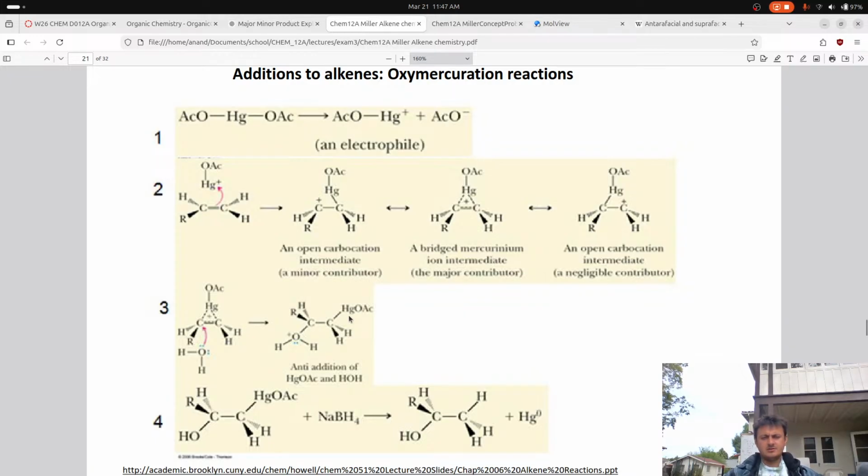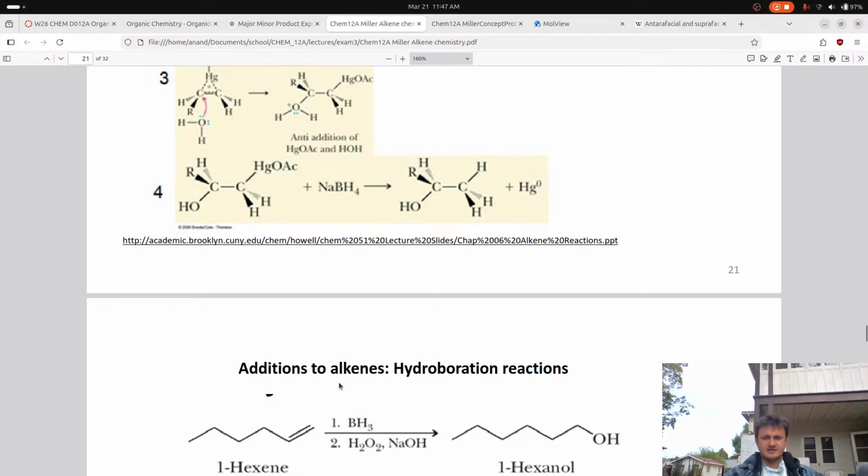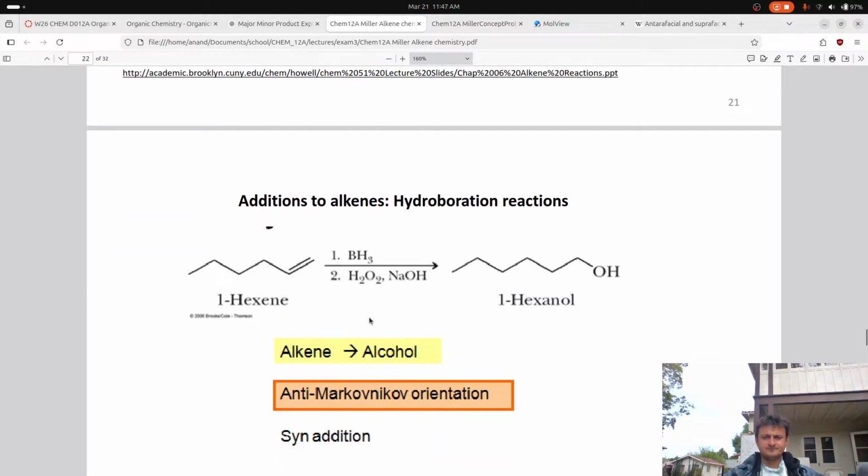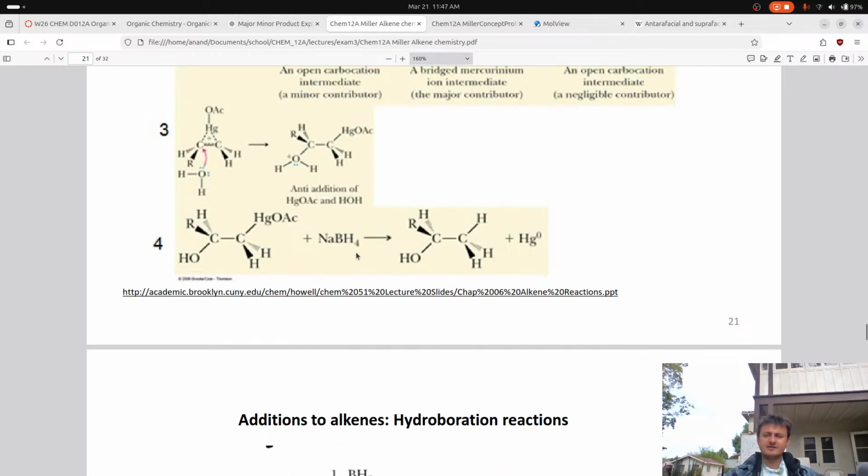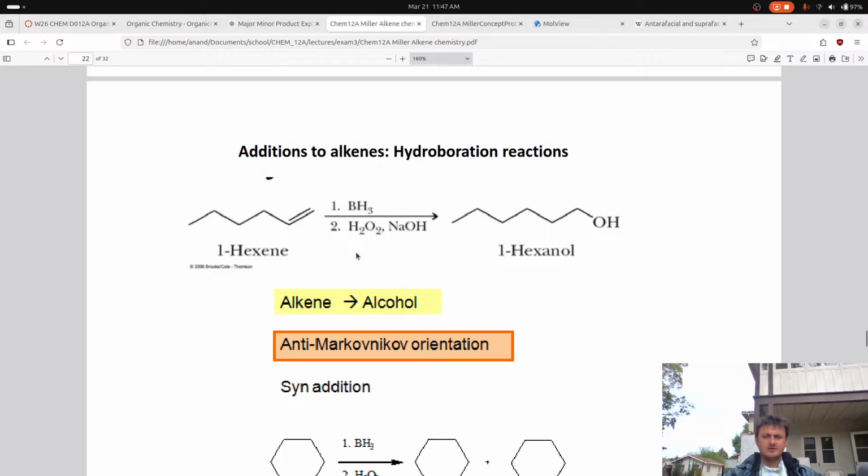And let's see, how does this work? I don't know. I guess they don't care how that works. I think it's beyond the scope. I think that's why they don't show it. Okay, hydroboration.